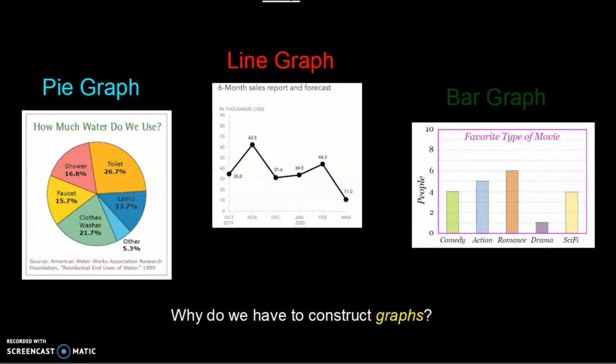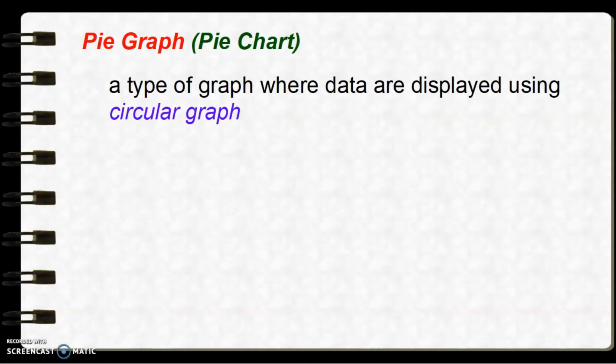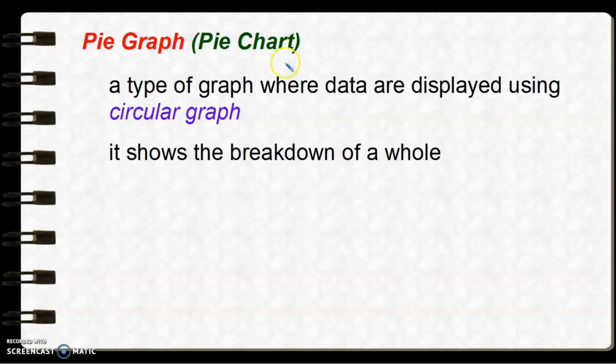So let's start. The first one is a pie graph or a pie chart. This pie graph is a type of graph where data are displayed using a circular graph. So we are going to make use of a circle, circular in shape. This pie graph shows the breakdown of a whole.